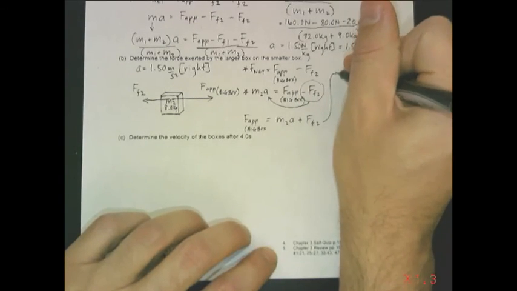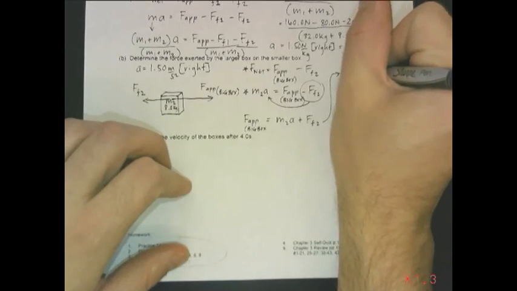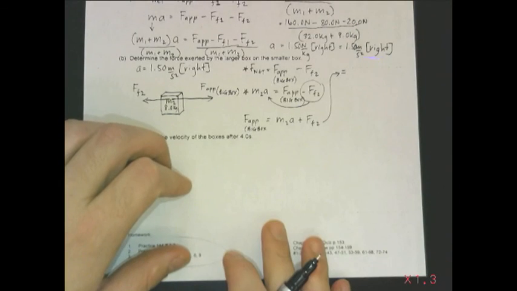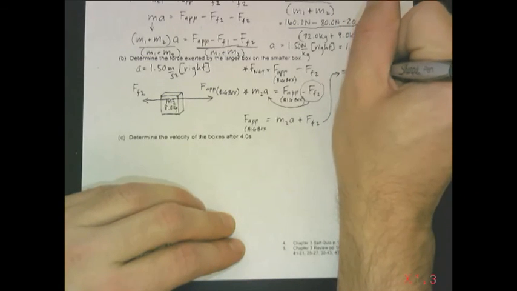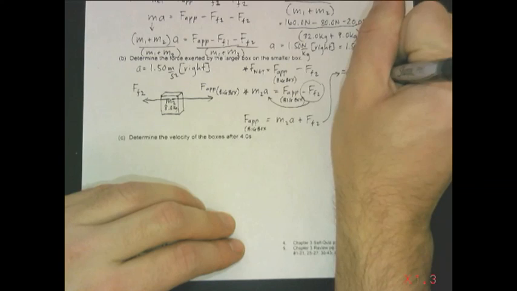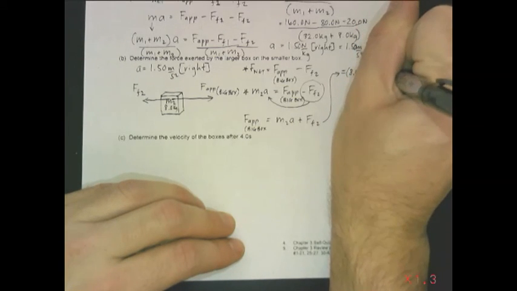Let's sub and solve. M2 is 8 kilograms. Acceleration is 1.50 newtons per kilogram.